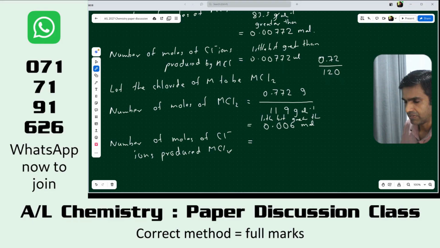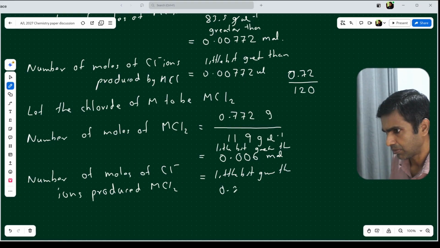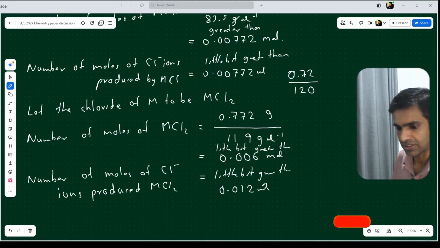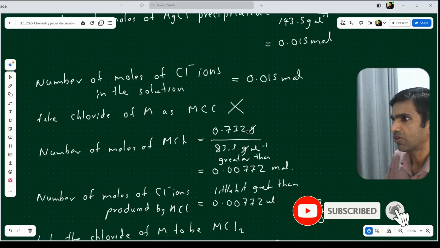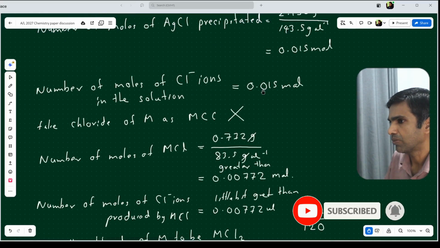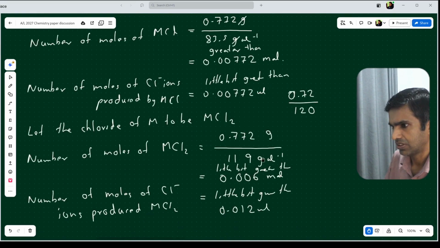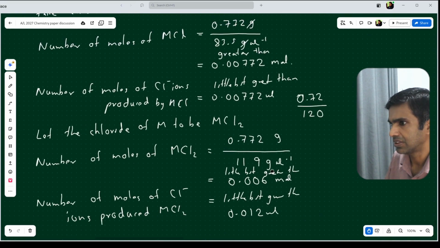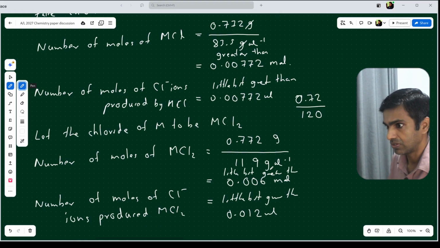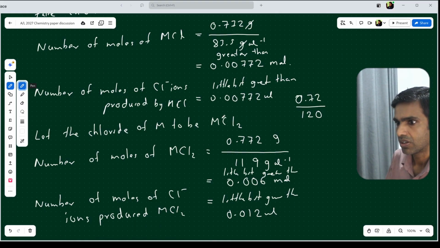When we consider MCl2, 1 mole of MCl2 contains 2 moles of chloride ions. That means twice of this, a little bit greater than 0.012 moles. But the actual number of moles of chloride ions was 0.015 moles. So there is a mismatch. So the formula of the chloride of M cannot be MCl2.